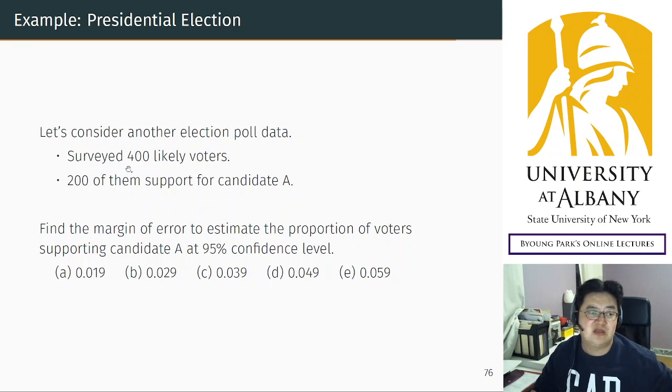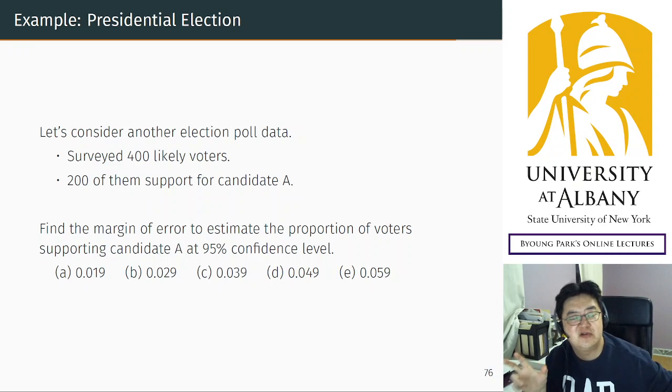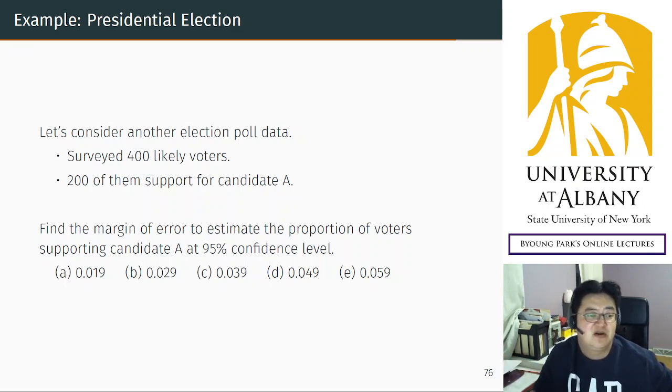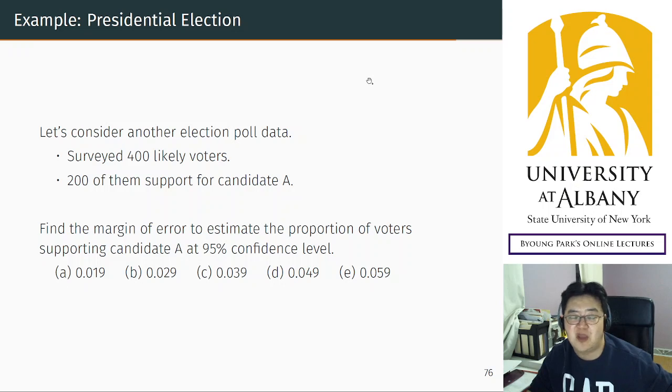Basically, constructing the confidence interval is equivalent to calculating the marginal error, which will be added to and subtracted from the sample mean. So calculate the marginal error with these numbers. Same structure, so you can use the earlier example and try in a similar way.